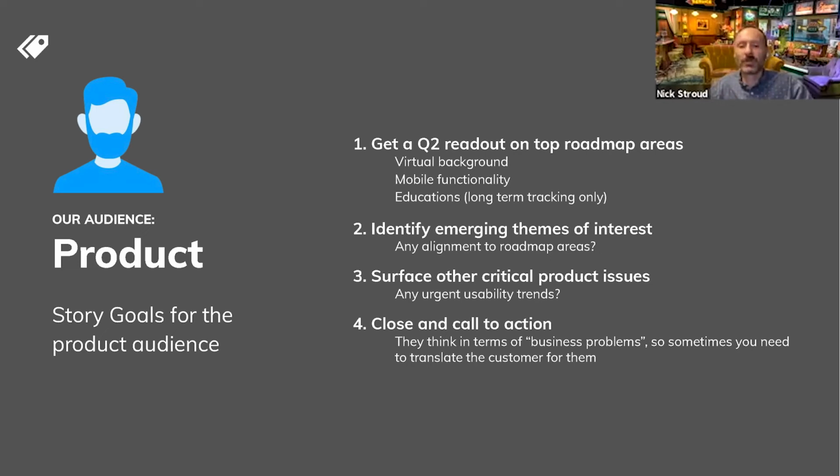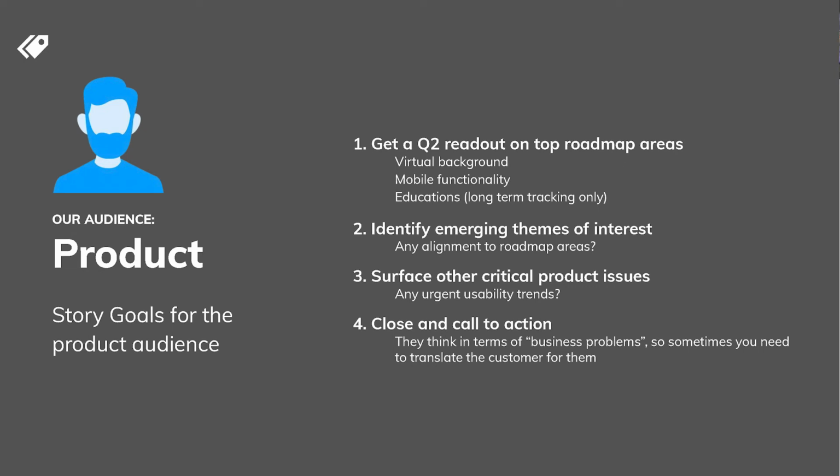Those roadmap areas are really sort of transferable to any industry, whether it's business priorities, really things that are essential to that team. They've already defined them. The second thing that they're interested in is any emerging themes of interest that we can identify over the last few months. This is something we've presented before, we've talked about, and so the product team is interested to say, is there anything else we know outside of our core roadmap areas that would be interesting for us to understand?